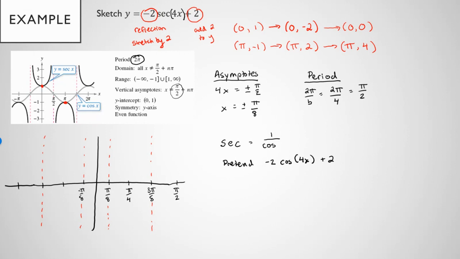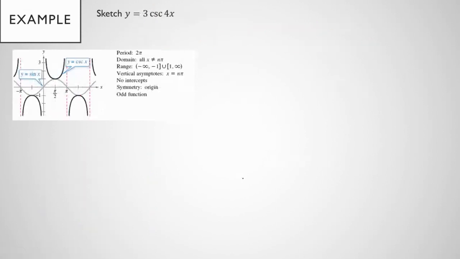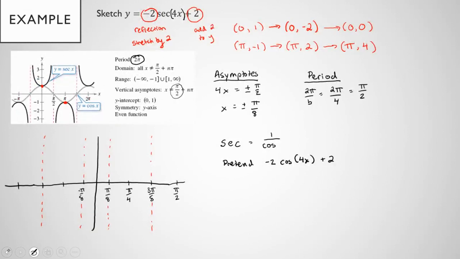So we've already found the period, 2 pi over b. We need to find how things are shifted over. The shift is the important part, if there is a shift. And we do sort of have a shift here.